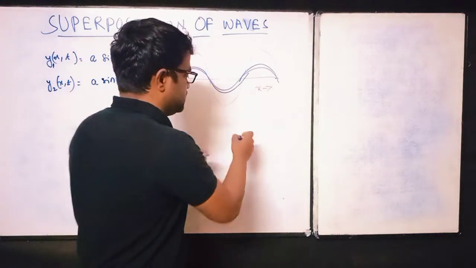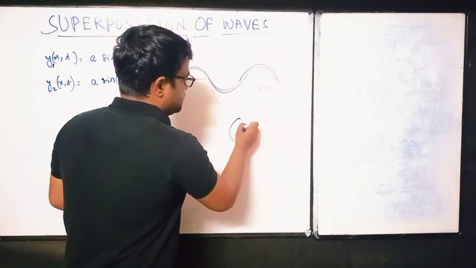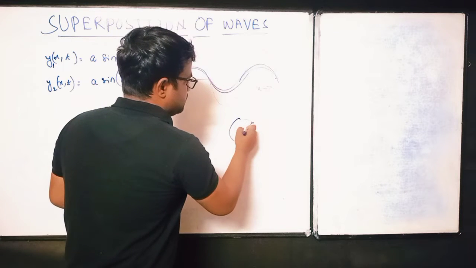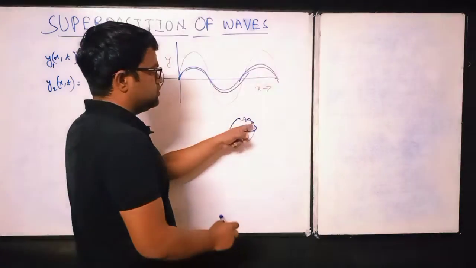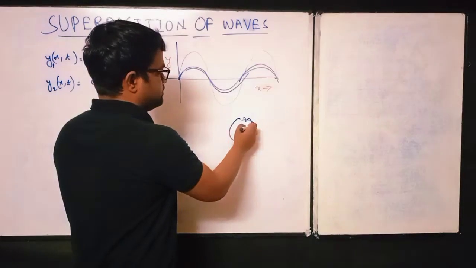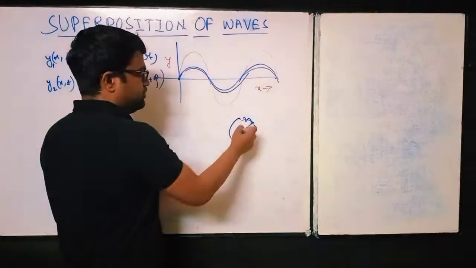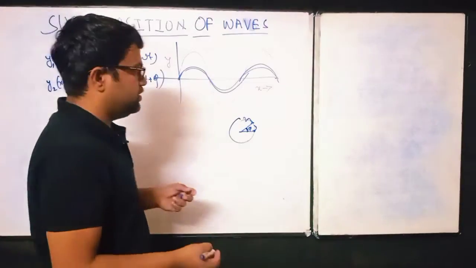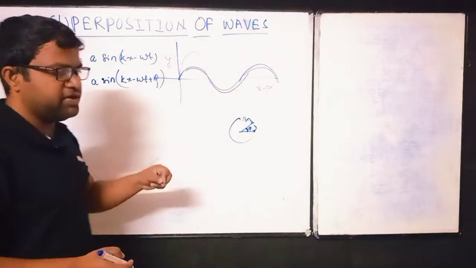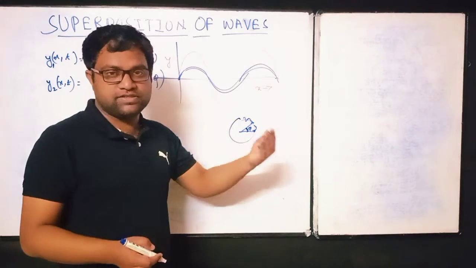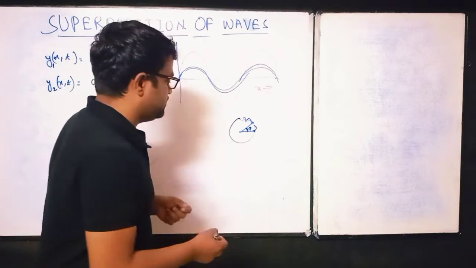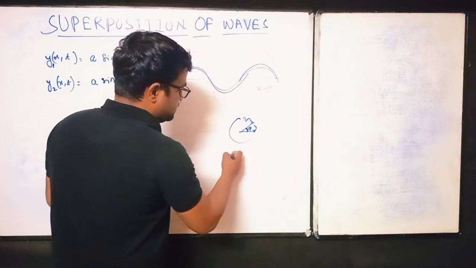Let's say one wave starts from here, another wave starts from here. So this is your phase difference. If they are starting from the same point, the phase difference is 0, right? If the phase difference is 0, then we can say they are in phase. If the phase difference is pi, then we can say it's out of phase.